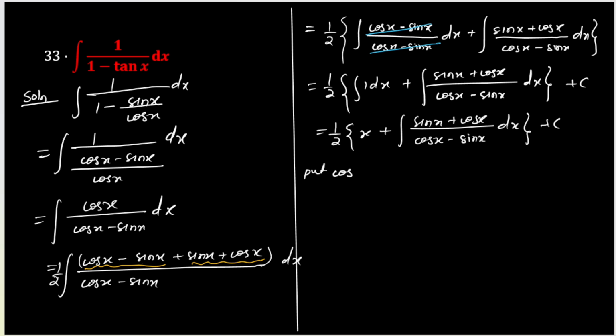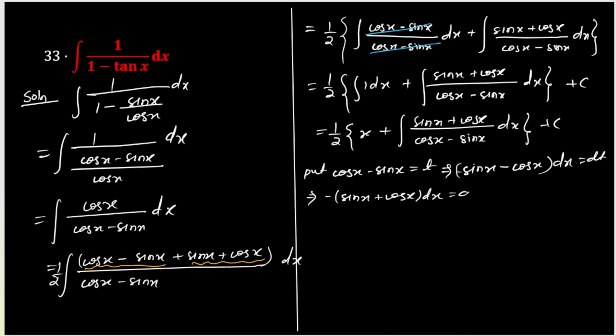Put cos x minus sin x equal to t. Differentiate, we get (minus sin x minus cos x) dx equal to dt. Taking minus common, we get minus (sin x plus cos x) dx equal to dt, which implies that dx equal to dt by minus (sin x plus cos x).